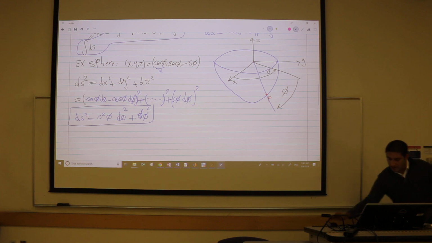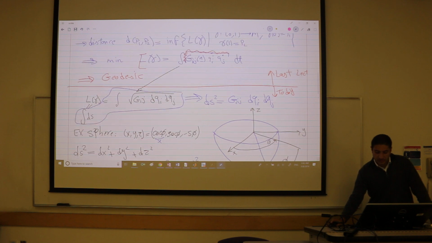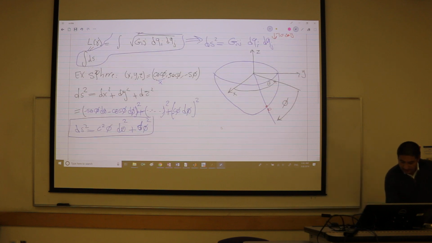So I can actually extract my Riemannian metric here, because if I have my element length, I can write it in this form. It's like a row matrix, a column, and then your matrix is the Riemannian metric. So this is d theta and d phi, d theta and d phi, and please fill in the Riemannian metric. You just have cosine squared phi, 0, 0, and 1.